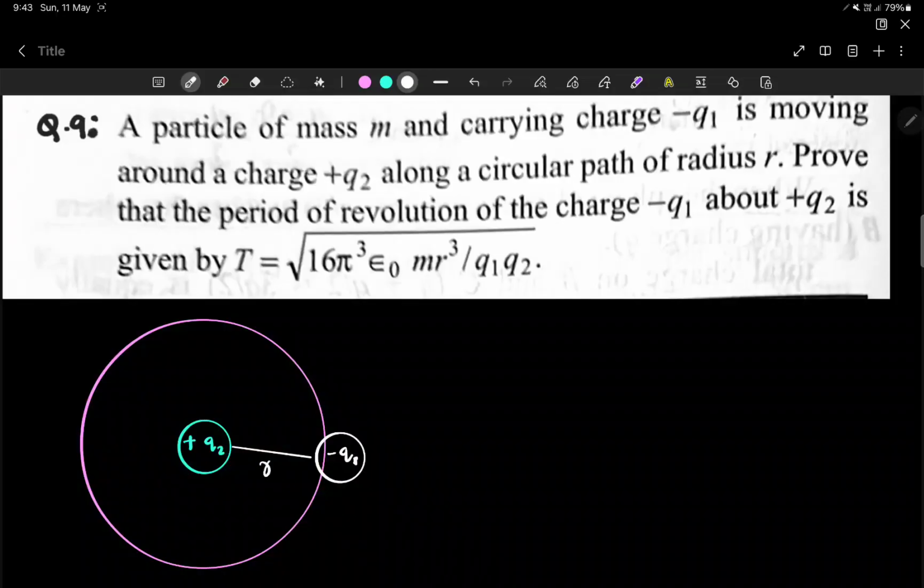Prove that the period of revolution, that means the time period of charge minus q1 about plus q2, is this much. We have to prove the given expression for the time period.